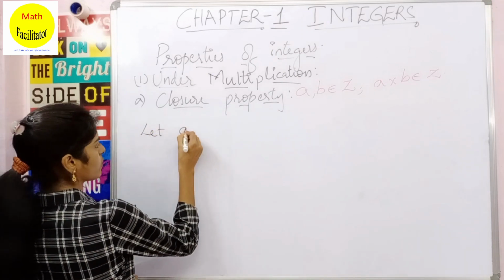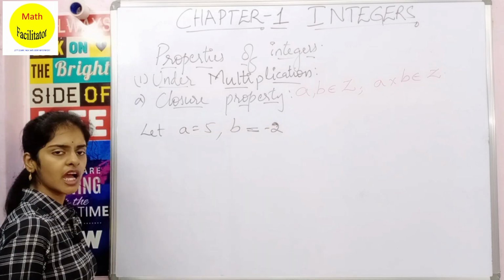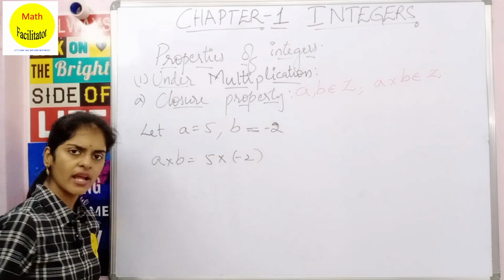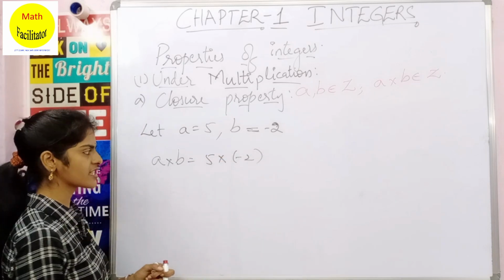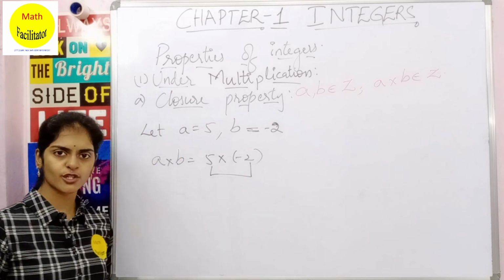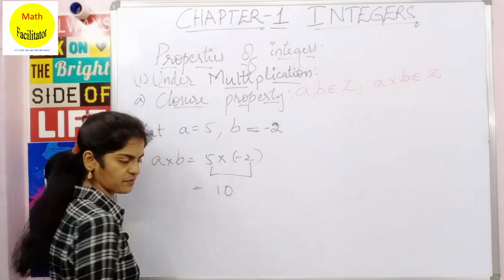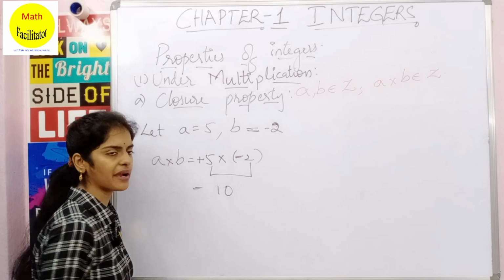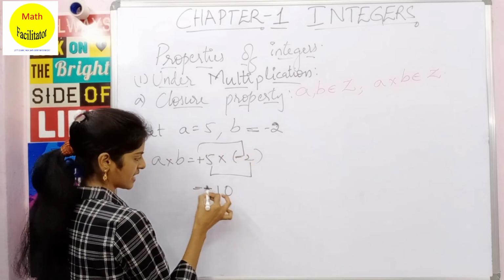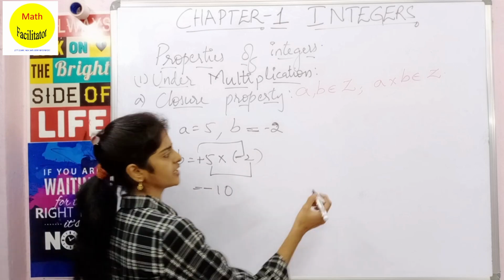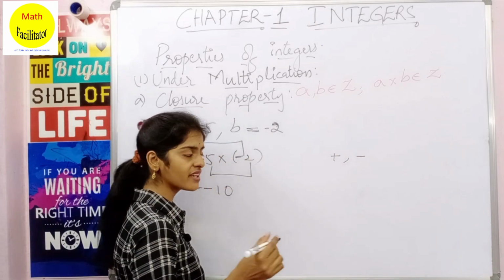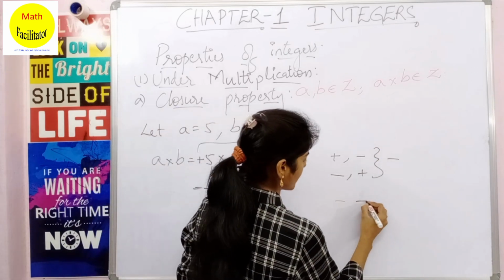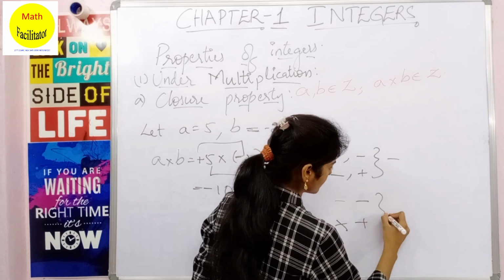Let A equal 5 and B is minus 2. What is A into B? A into B is nothing but 5 into minus 2. We have already learned how to multiply integers. Firstly you multiply these two numbers, so 5 2s are 10. Here for 5 you have a plus sign and for 2 you have a minus sign. Plus into minus gives you minus. One plus and one minus will always give you minus in the answer, and if you have two minus or two plus, the answer will always be plus.